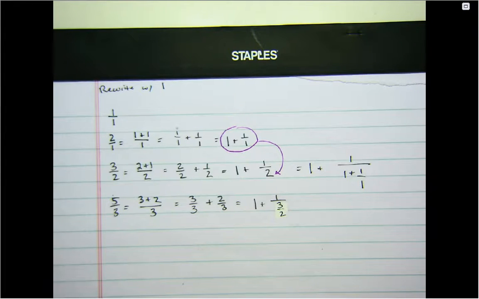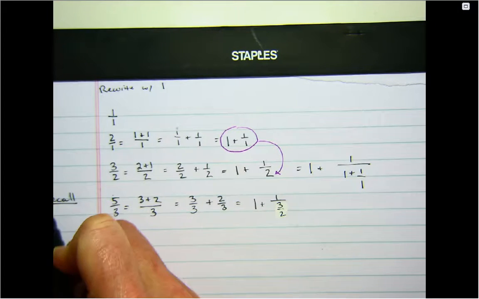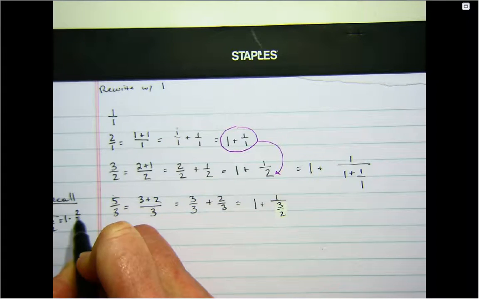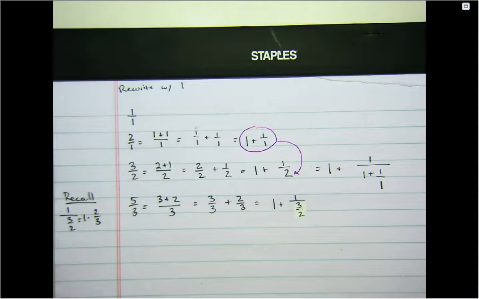So when you were in algebra class and you had a fraction in the denominator, does anyone remember what you did with it? Good. Yeah, you flipped it and multiplied it. So we did that backwards. So when you had a fraction in algebra class in the denominator, you'd flip it and change to multiplying.